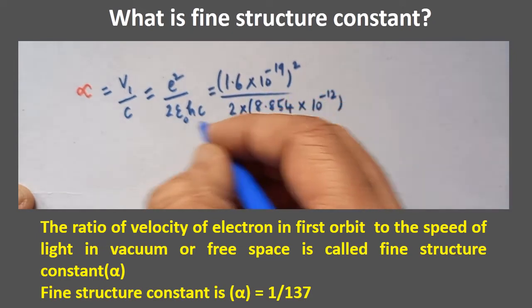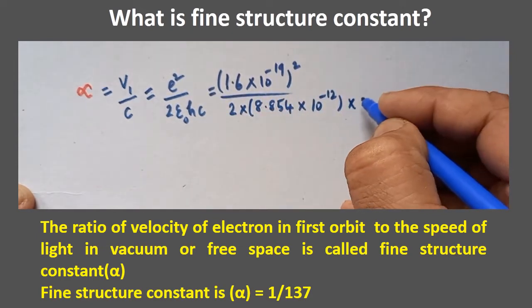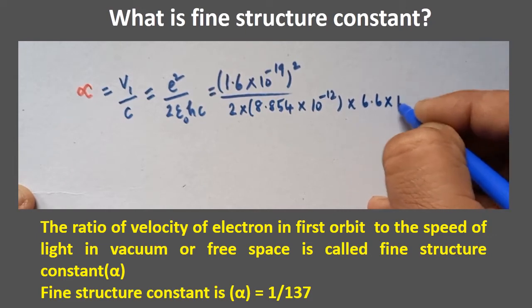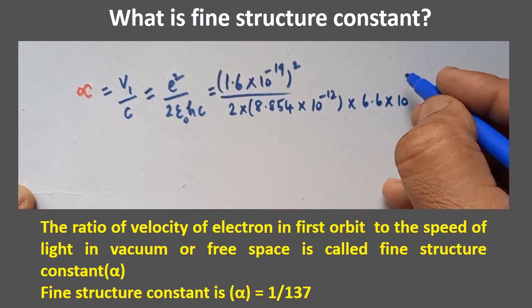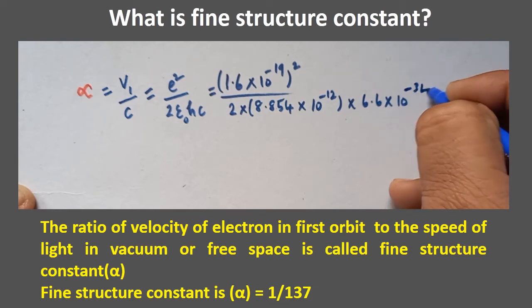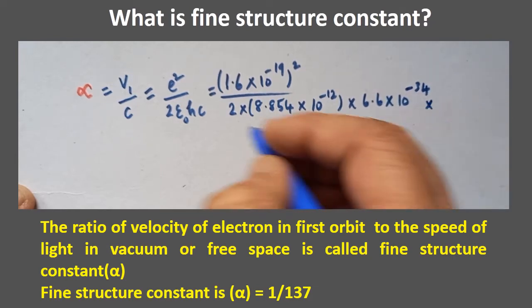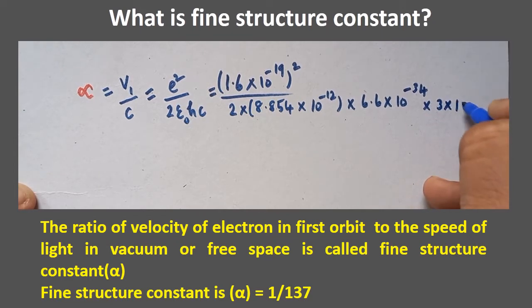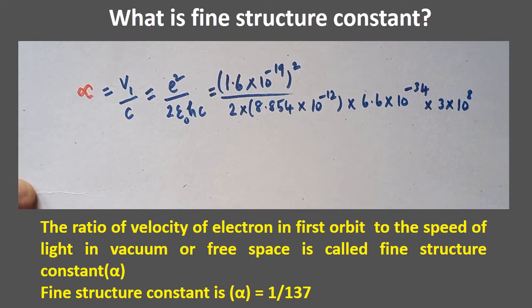So this is the value of epsilon naught, into Planck's constant 6.6 into 10 to the power of minus 34, into the C value, the speed of light, 3 into 10 to the power of 8. So all values are substituted here.